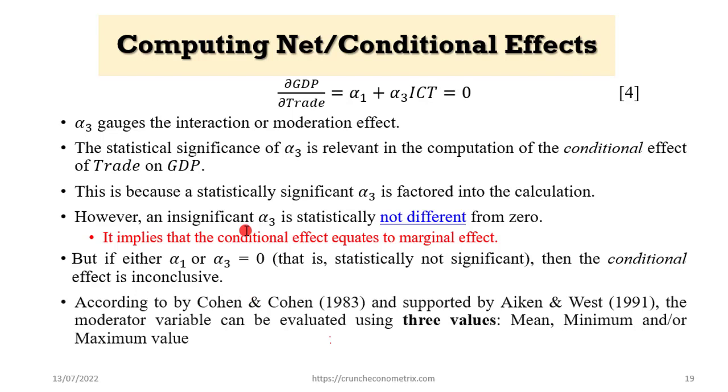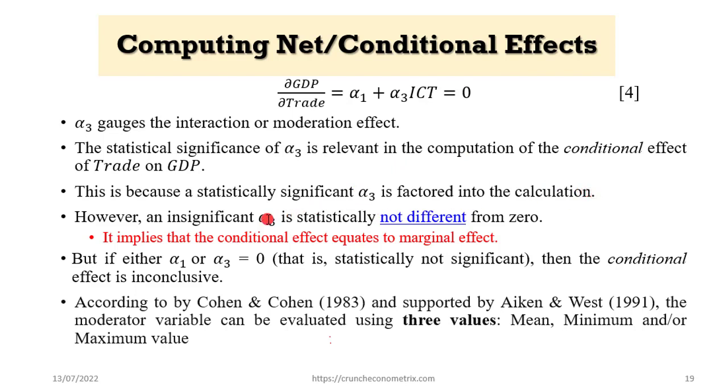In computing the net and conditional effects, alpha 3 gauges the interaction or moderation effect. It is also crucial that alpha 3 is statistically significant, because that is relevant in the computation of the conditional effects of trade on GDP. This is because you have to factor it in during the calculation.